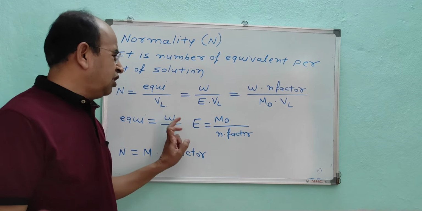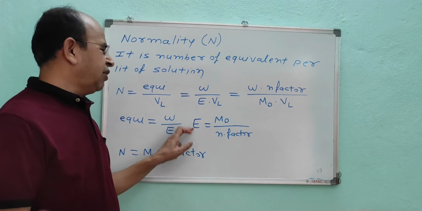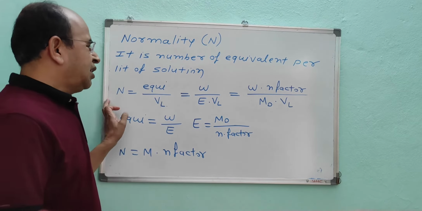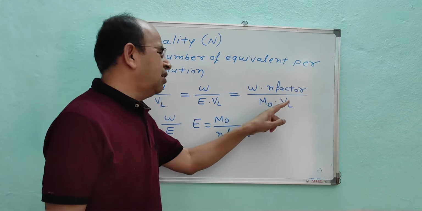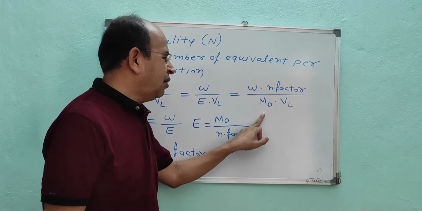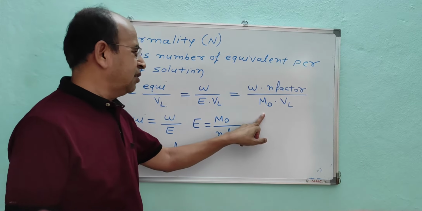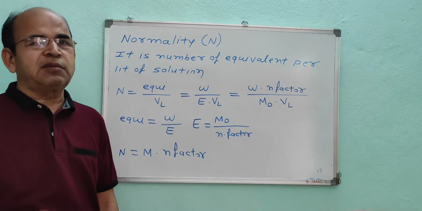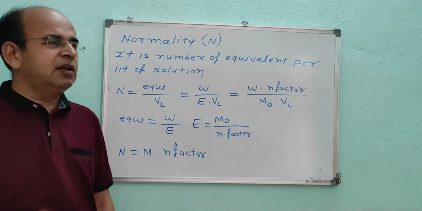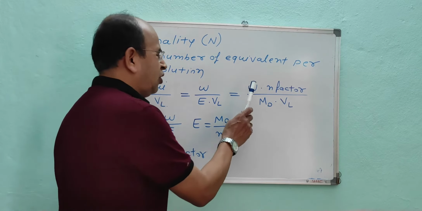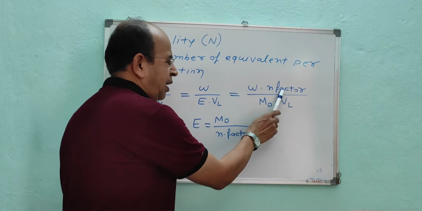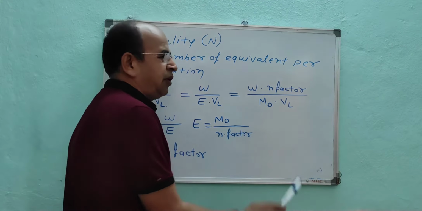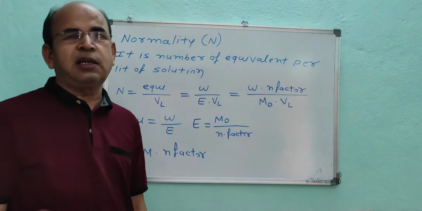If I put this value here, normality is equal to W into N factor divided by molar mass into V, where V is the volume of solution in liter. Here W is the weight of the solute, and V is the volume of the solution in liter.